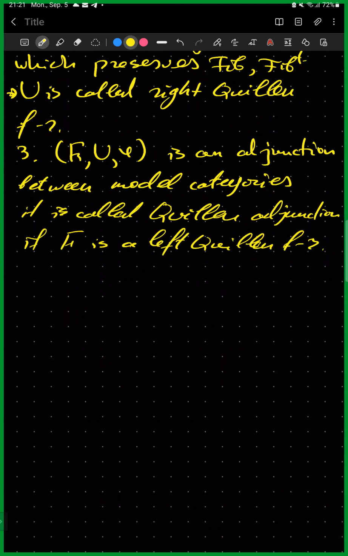Now, of course, it is not hard to see that this condition can be dualized, and it is the same as requiring U to be a right Quillen functor. So if one of the adjoints is a Quillen functor, then the other one is also Quillen.